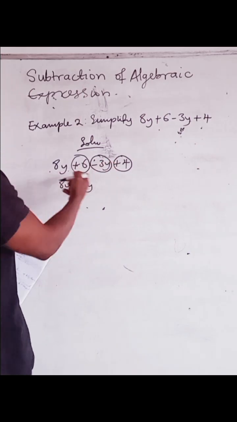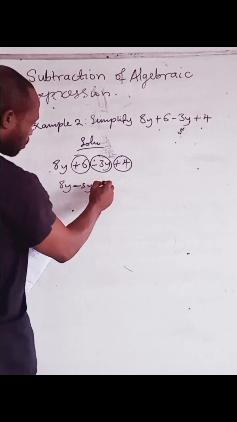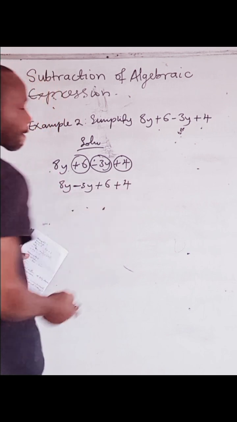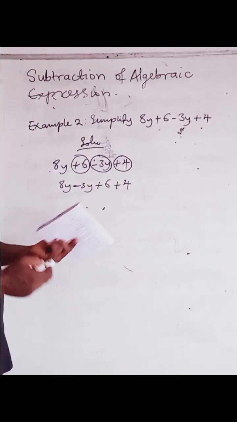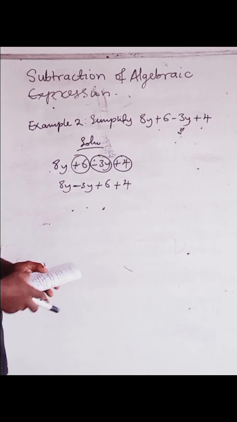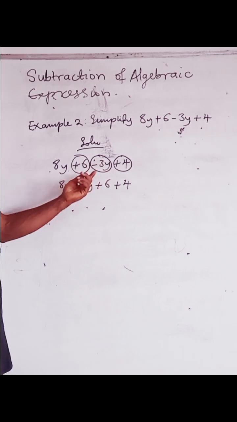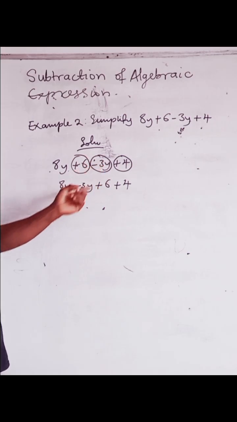We move minus 3y to this side of the equation. Then we are left with plus 6. This positive sign is attached to 6. Plus 6 plus 4. Look at it closely. I hope you understand it. As we are moving 3y to join 8y on this side of the expression, the negative sign attached to 3y moves along with 3y.